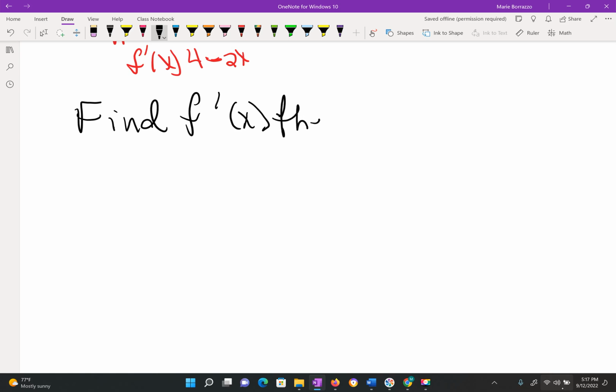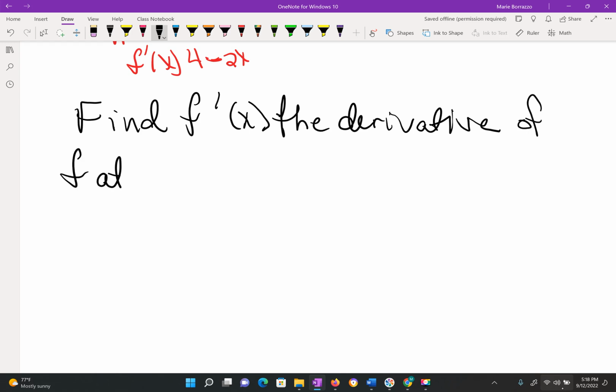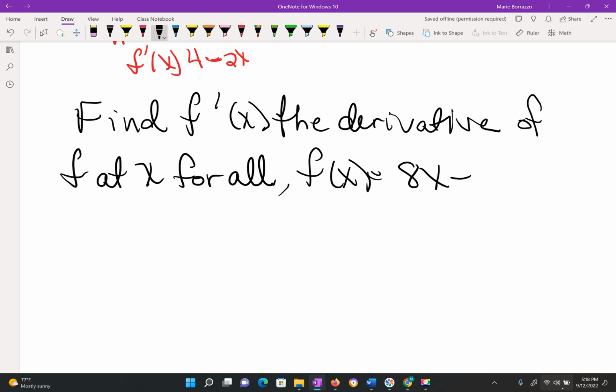So I'll just write the directions. The derivative of f at x for all f of x equal to 8x minus 2x squared.